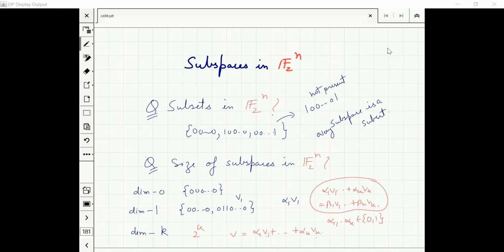They will all look like this. Take a subset of these k vectors, addition of that is going to be my vector. There will exist a subset of v1 to vk, addition of which will give you the vector in the subspace. Questions?